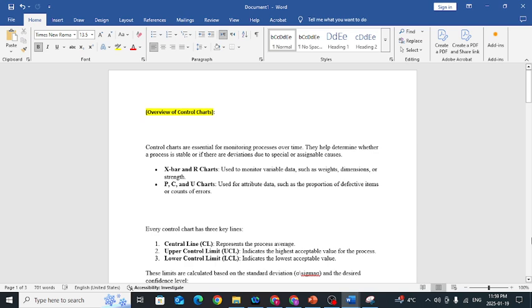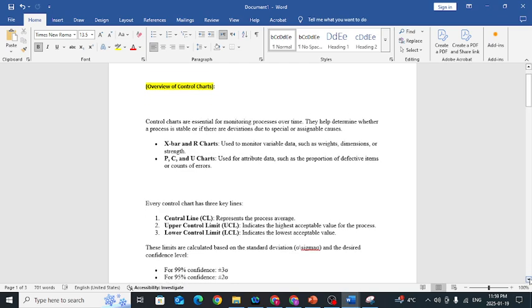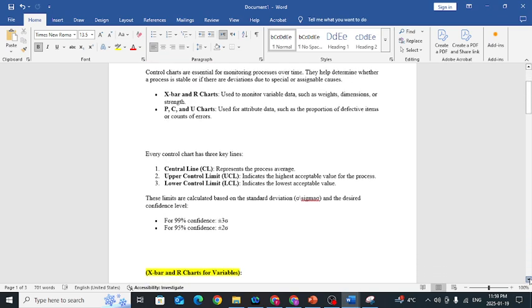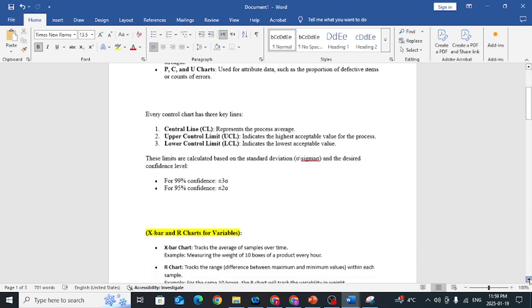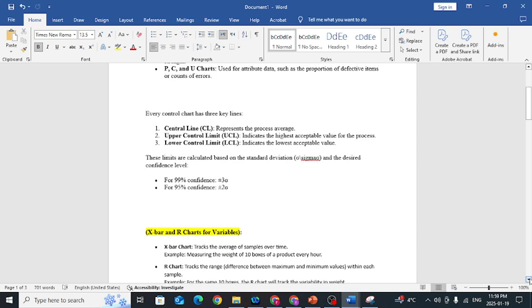Every control chart has three lines. We should remember these key lines that every control chart should have. The central line, I mean the CL, represents the process average.